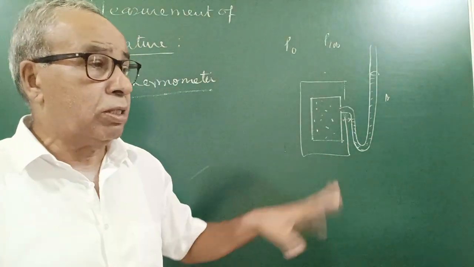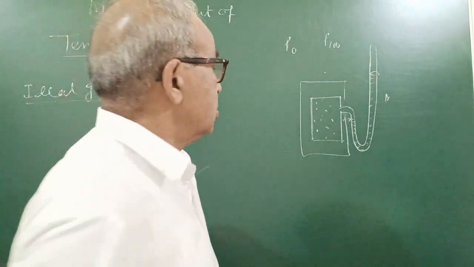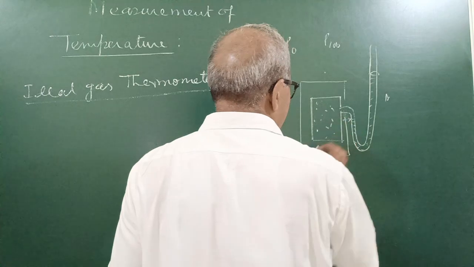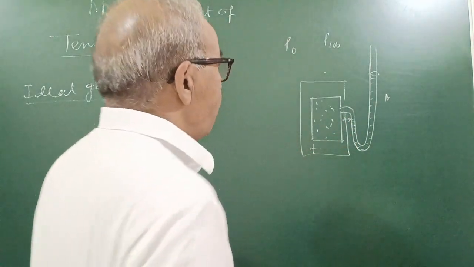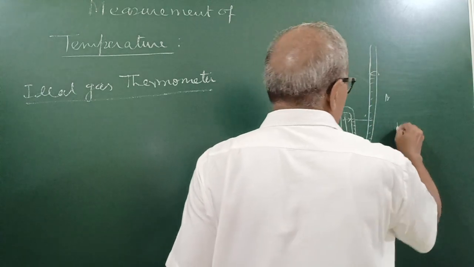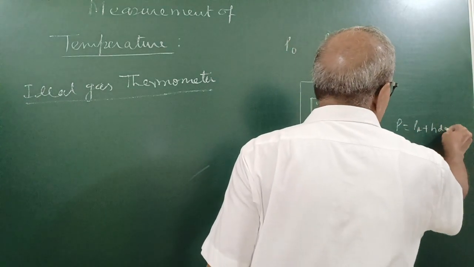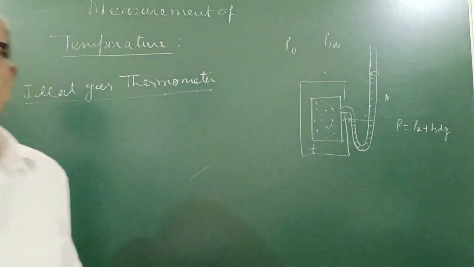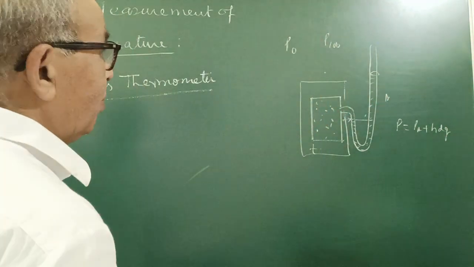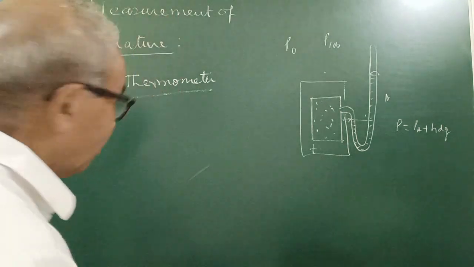They are fixed for a given gas. Now we put the gas at T degree. Then we measure the pressure difference here. Actually P equals PA plus hdg, I told you while teaching the manometer. So by measuring pressure we can measure the temperature of the gas.